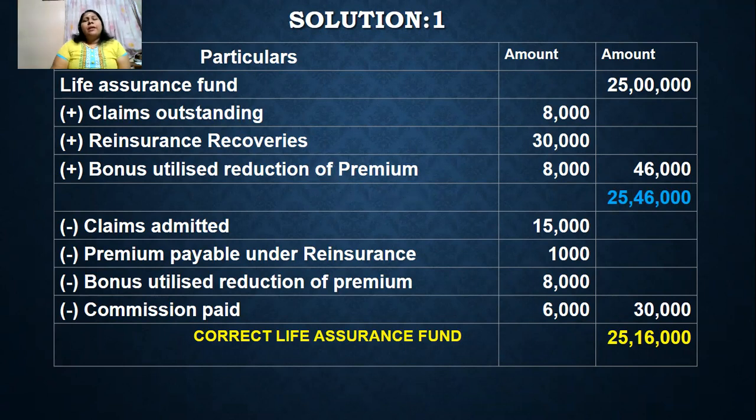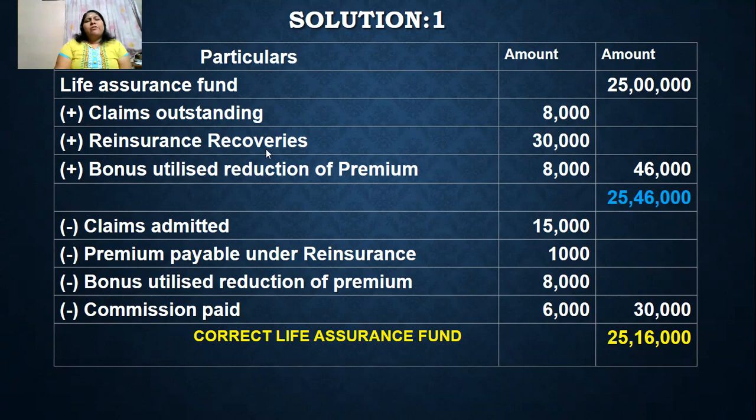Bonus can be paid in cash, or the policy holder can ask the insurance company to adjust it in the payment of premium. So bonus can be income for the policy holder, and it can be an expense for the company. But the same bonus, if the policy holder asks to adjust it against the payment of premiums, is again an income for the company. That's why we are adding and deducting.